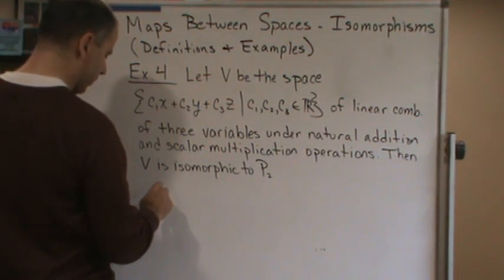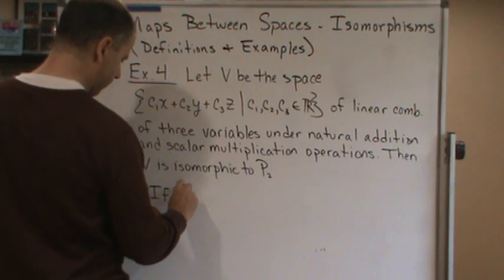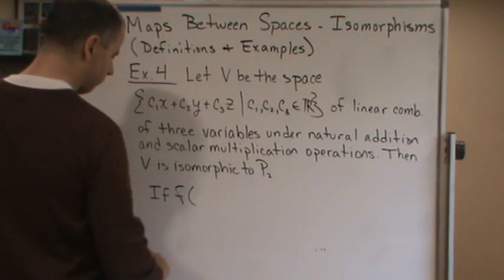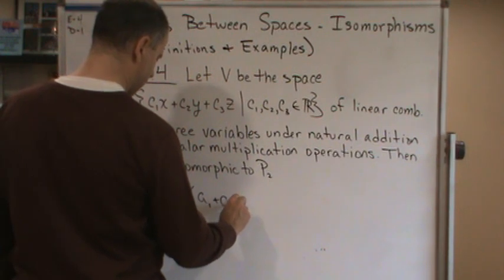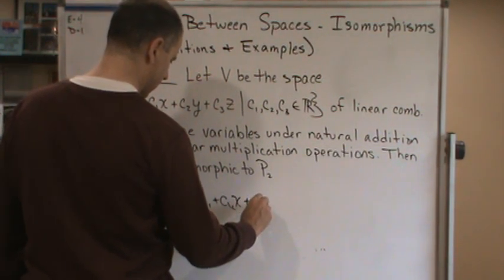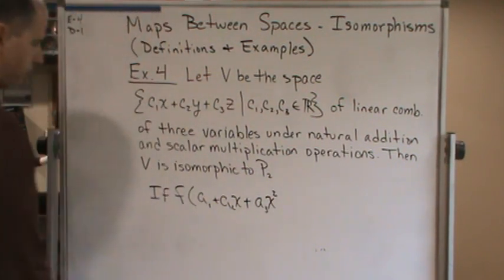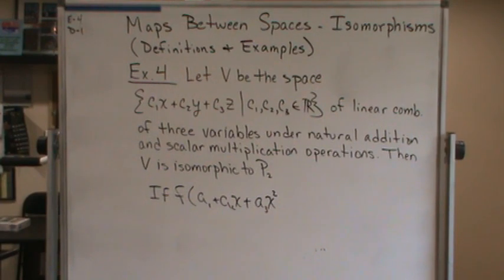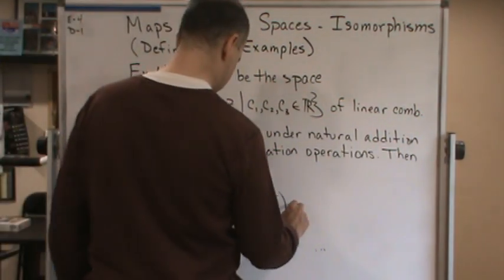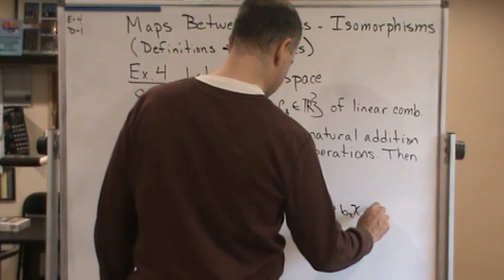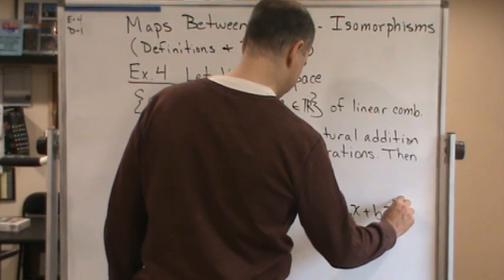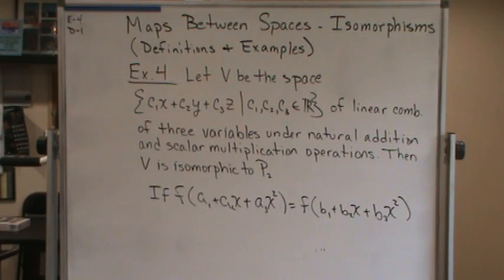So now to show that it's 1 to 1, we start with if f of a1 plus a2x plus a3x squared is equal to f of b1 plus b2x plus b3x squared, that it will inevitably give us that a1 is equal to b1, a2 is equal to b2, and a3 is equal to b3, right?